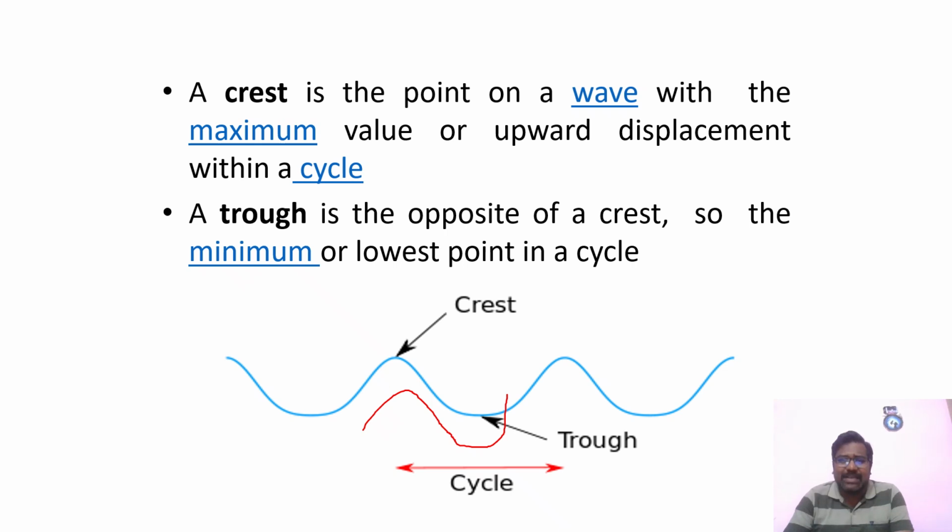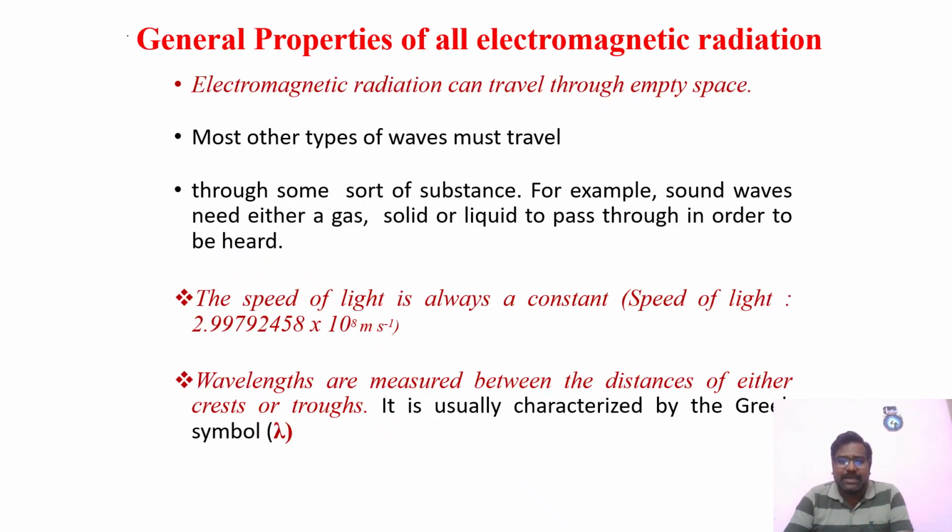The opposite of the crest, that means the lowest point, negative peak or minimum peak, is the trough. The maximum value in the waveform is the crest, the minimum value in the cycle is the trough. So these are the two basic points, crest and trough.